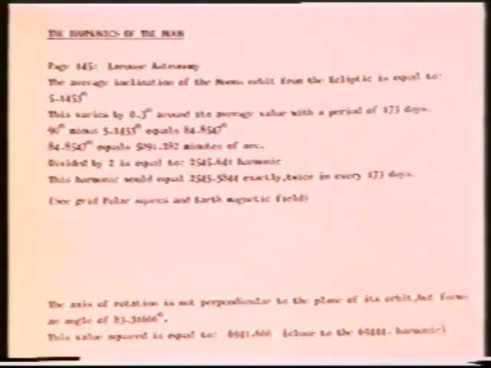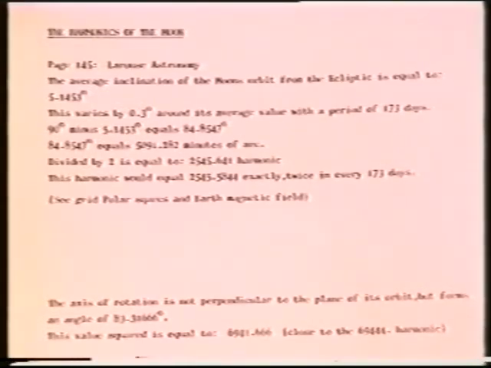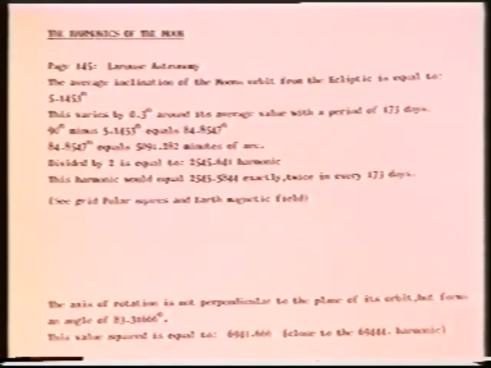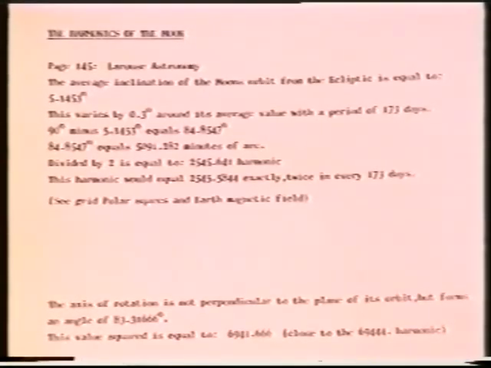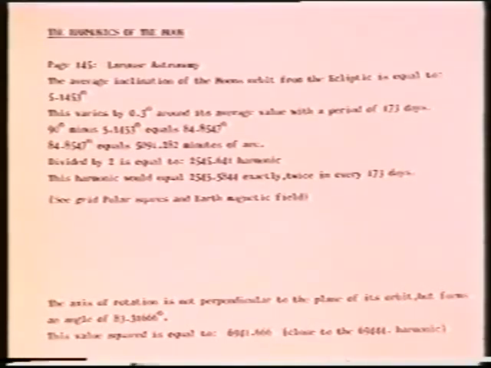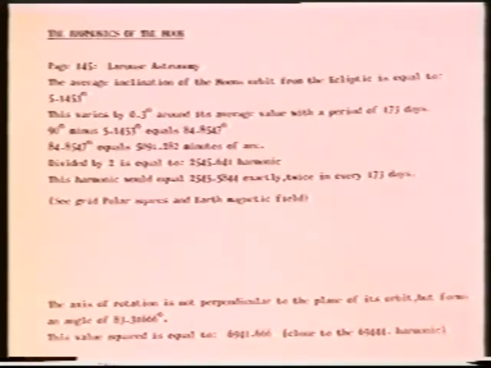So we look at the first one there. That's the average inclination of the Moon's orbit from the ecliptic, equal to 5.1453 degrees. This varies by 0.3 degrees around its average value for the period of 173 days. Now if we take that value off 90 degrees, we get 84.8547 degrees, which equals 5091.282 minutes of arc.